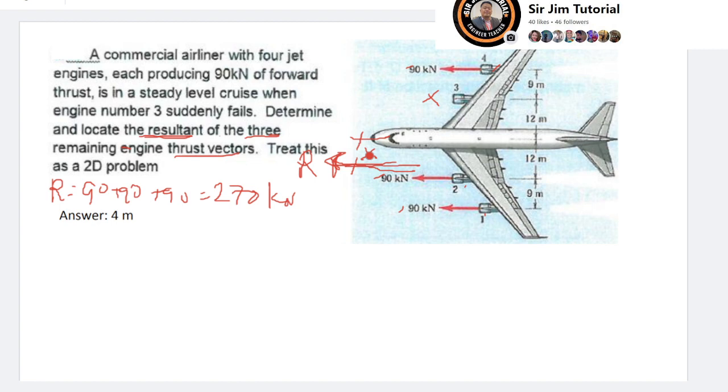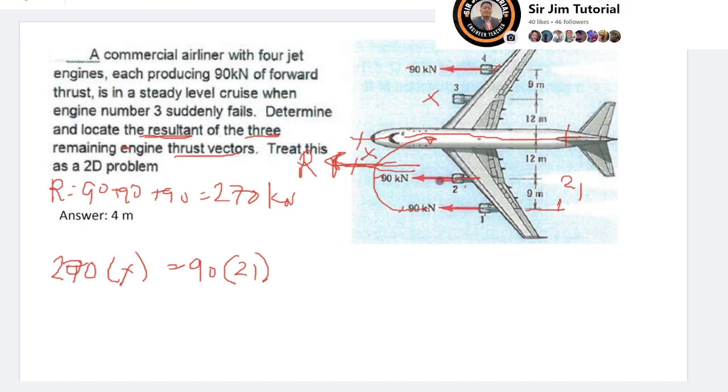So the resultant is just 270 multiplied by x, is equal to these forces. We can consider clockwise. From here going here to the center, 12 and 9 is 21. So this force is going there. We just have 90, it's clockwise, times 21.